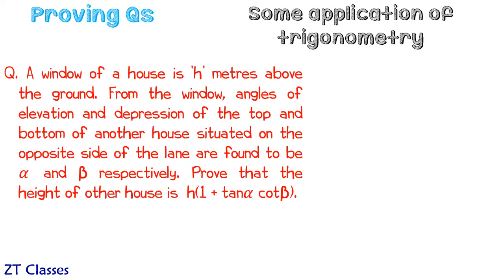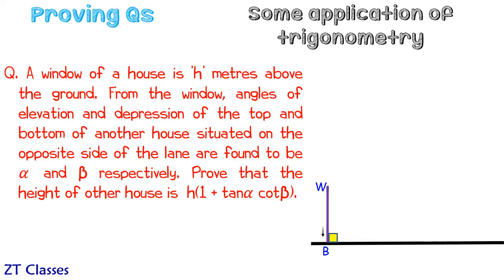So we have a window of a house that is h meter above the ground. So let's draw the ground and then the building with window W. Right, from this window the angles of elevation and depression of top and bottom of another house is found to be alpha and beta.